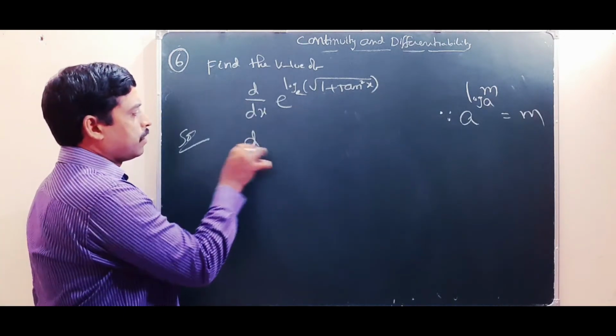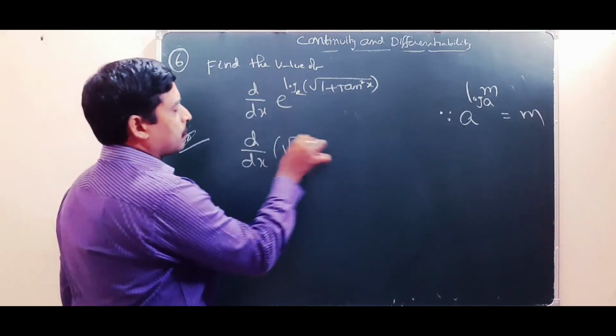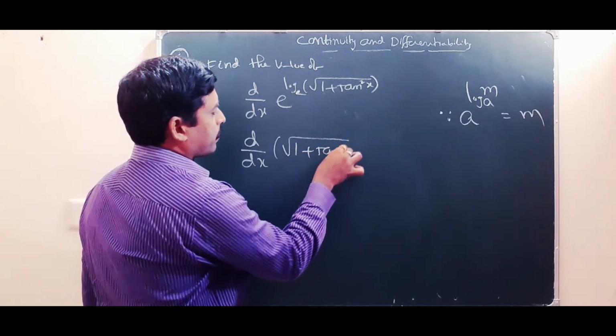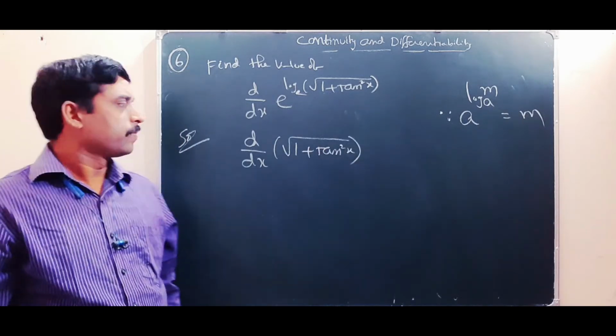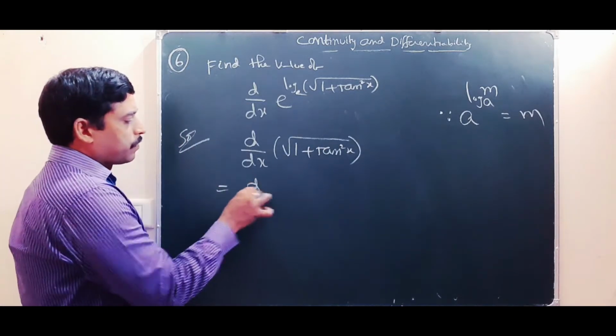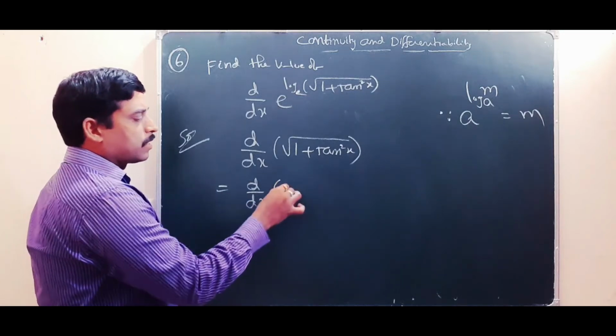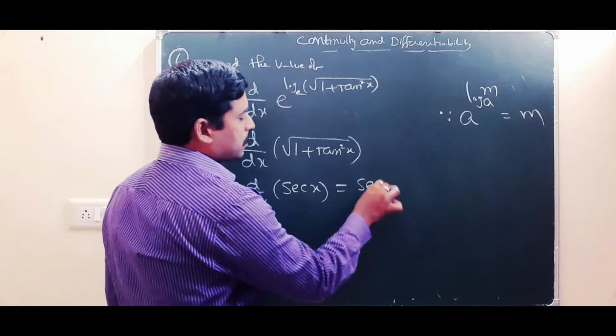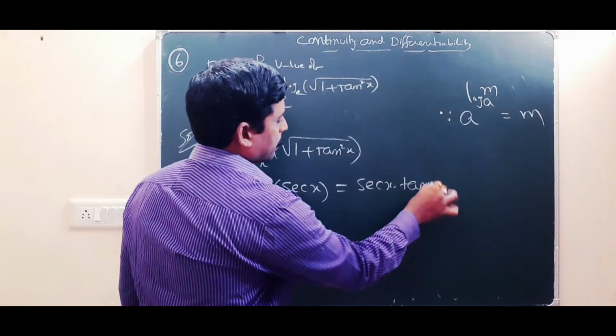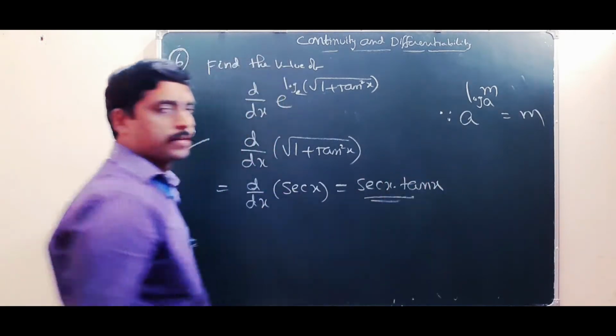So this would be d by dx of root 1 plus tan square x. We apply that formula. d by dx of root under 1 plus tan square x is nothing but secant x. Differentiation of secant x is secant x into tan x. This is the answer.